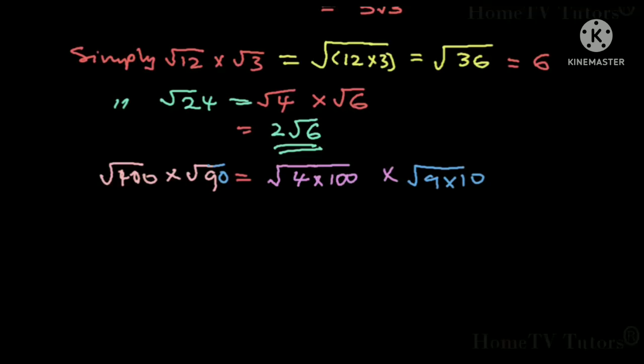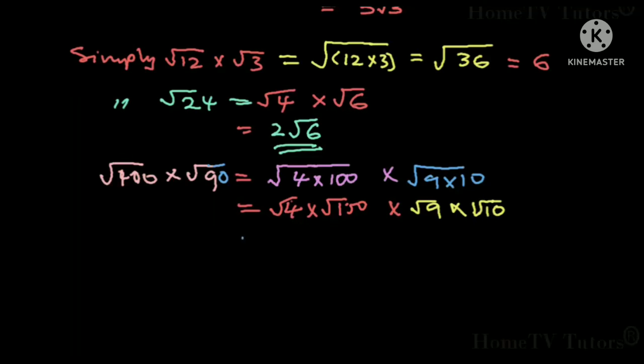Okay, good. So we continue. We break this down. So we have square root 4 times square root 100. Then we also break this down, which gives us square root 9 times square root 10.